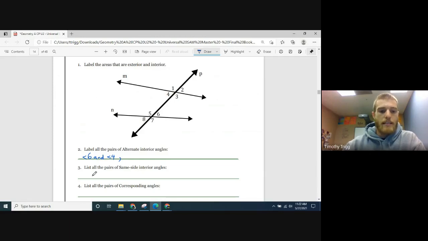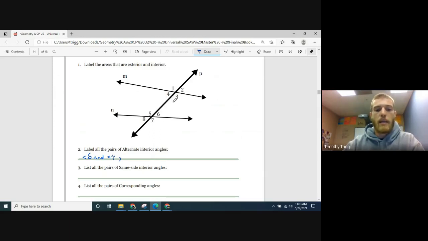Next, we're going to look at same side interior angles. Again, we're looking at interior angles, but this time same side interior angles. When they say same side, what they mean is the same side of the transversal, so on the same side of P. So same side interior angles, that would be angle 3 and angle 6 in this case.